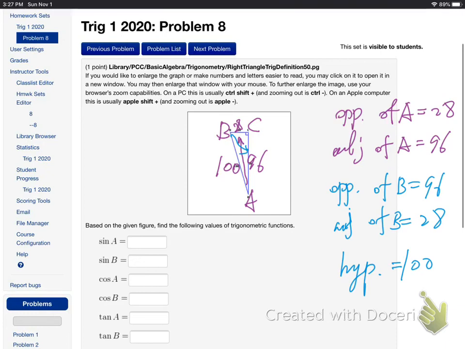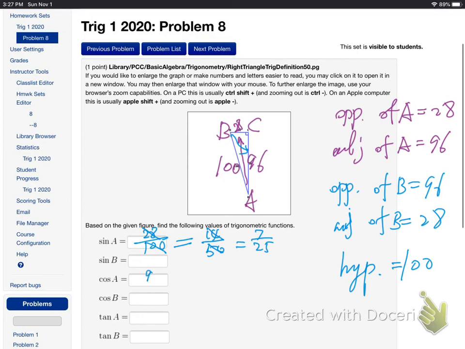So what's sine A? Sine A is opposite of A divided by hypotenuse. So it's 28 over 100. And for the web work question, you have to simplify that. They are both even numbers, so divided by 2, 14 over 50, divided by 2 again, so 7 over 25. What's cosine A?